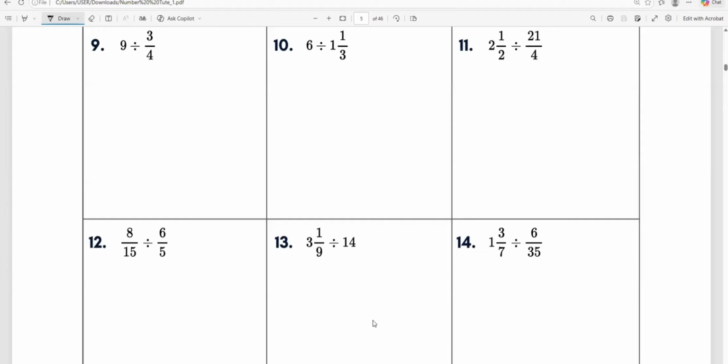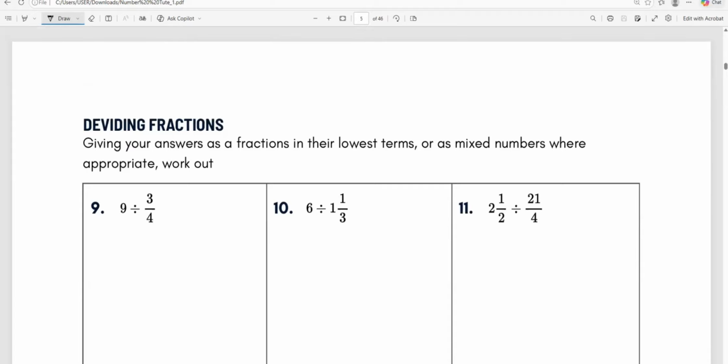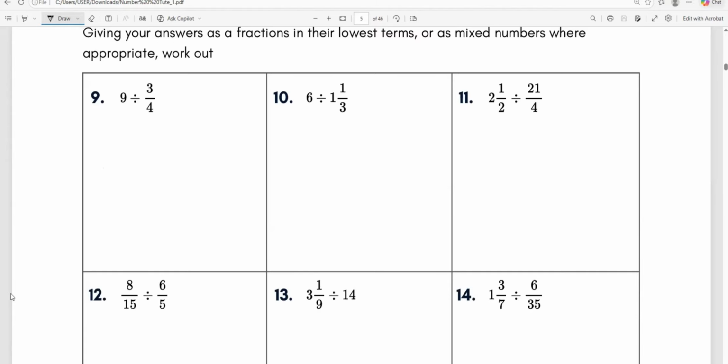Here the heading, this is dividing, D-I-V-I, not E. Dividing fractions. Giving your answers as a fraction in their lowest terms. Final answer should be a fraction.